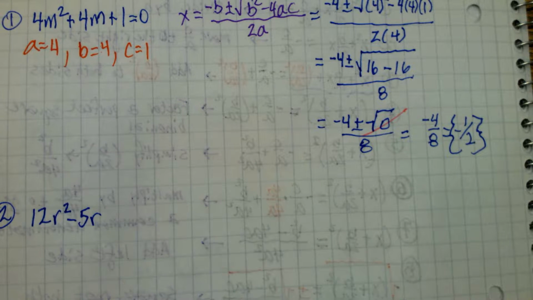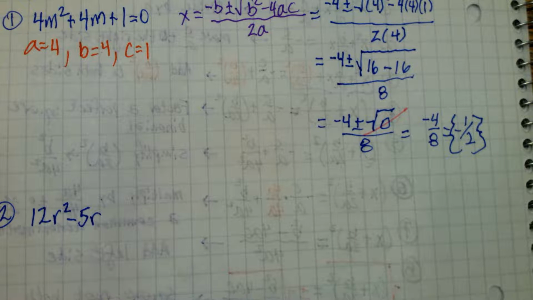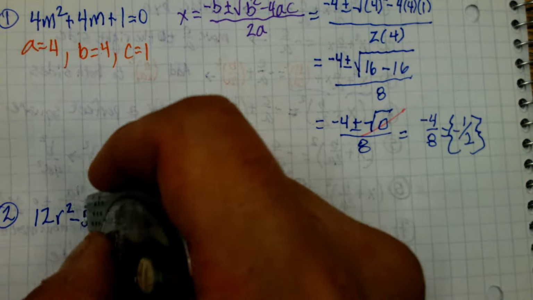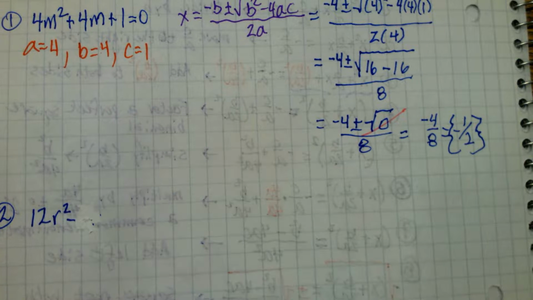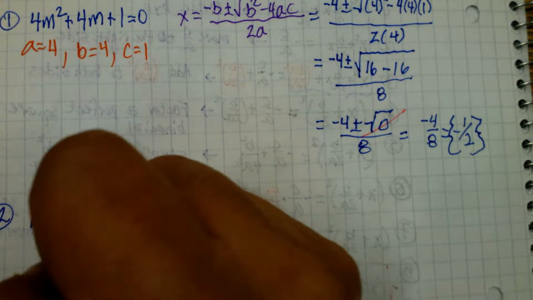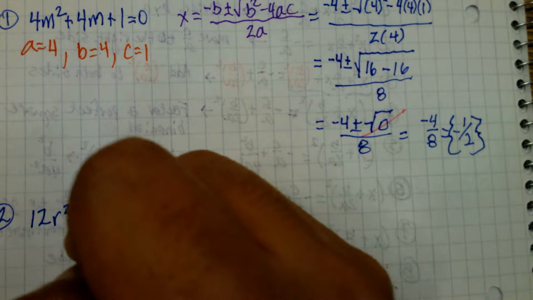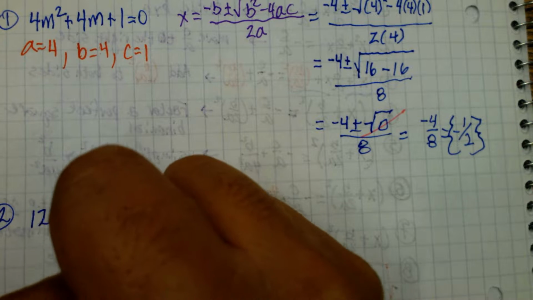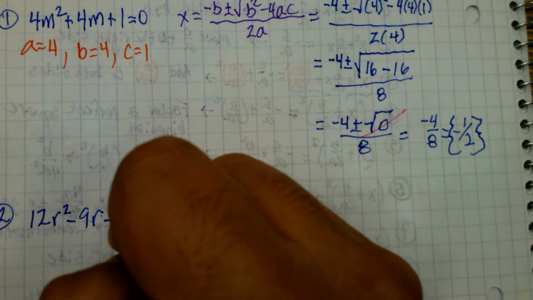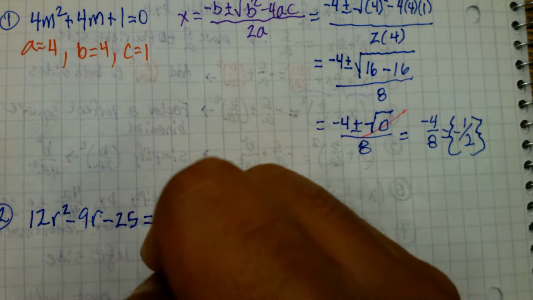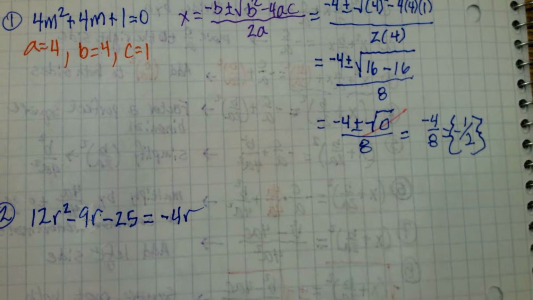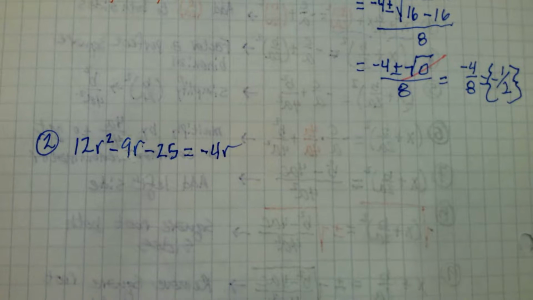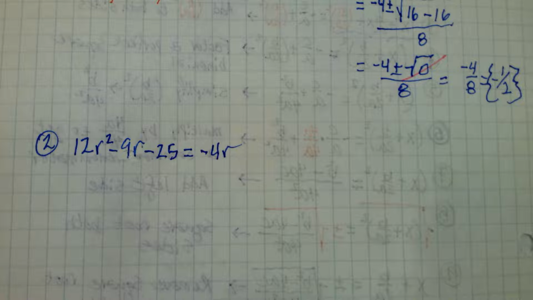Oh, I'm sorry. Change that to minus 9r minus 25 equals negative 4r.